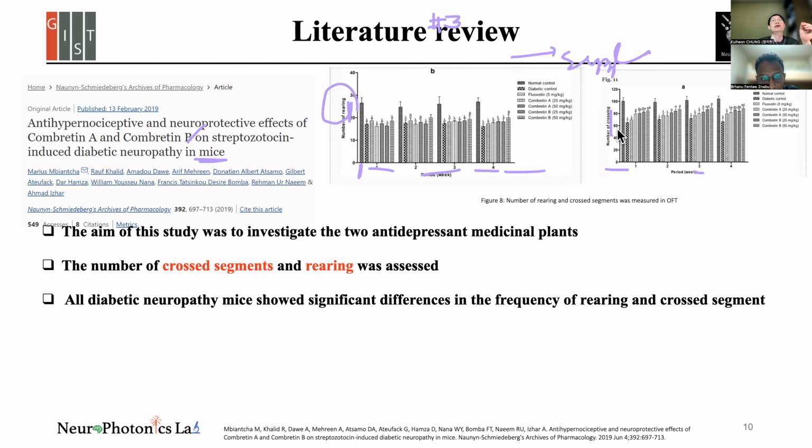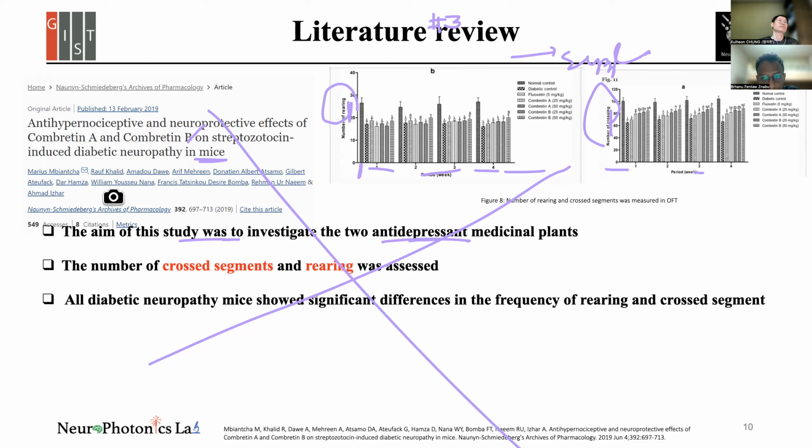There's only rearing and crossing. So that's only a few behaviors. And these are limited and sometimes inconsistent. That's all. So it's the same, right? It's not necessary here because your point is not whether the antidepressant works, good or bad. Sounds good? Yep.